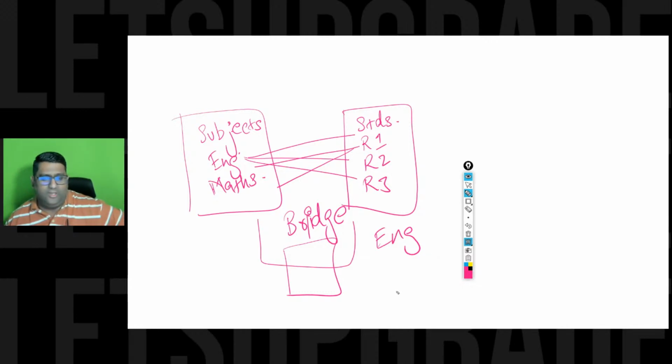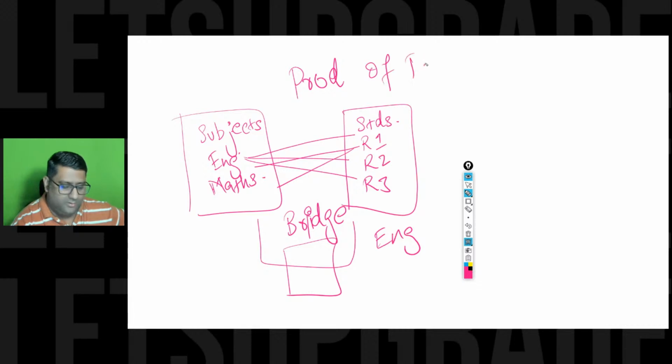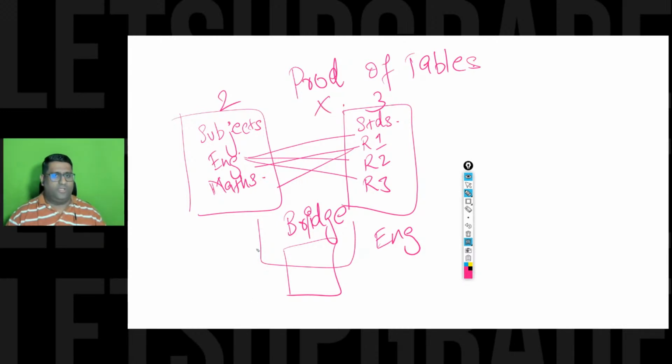So instead of having 2 entries in one and 3 entries in the other, you'll actually have something which will be a product of the tables. That will be 2 into 3, so you'll have 6 entries in this bridge table that will give you information. And then using that bridge table, you will perform all your analysis. Okay.